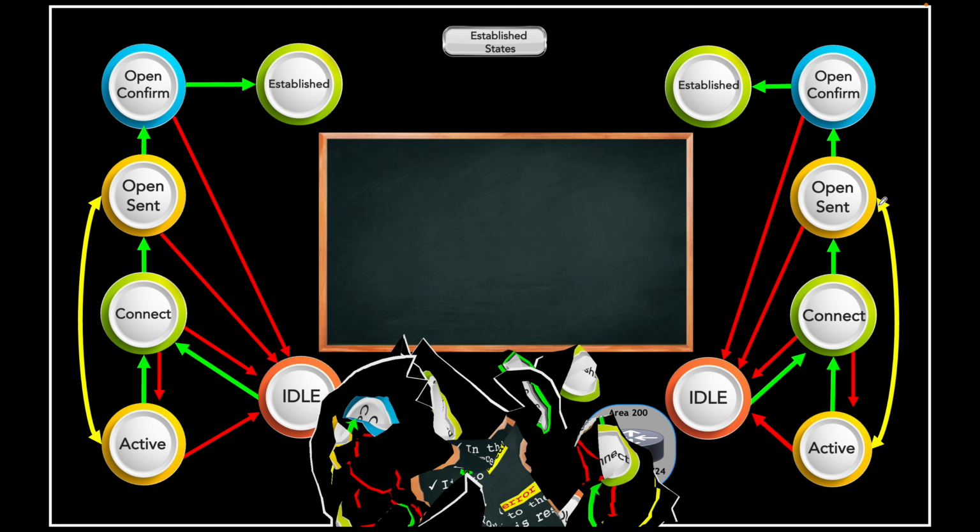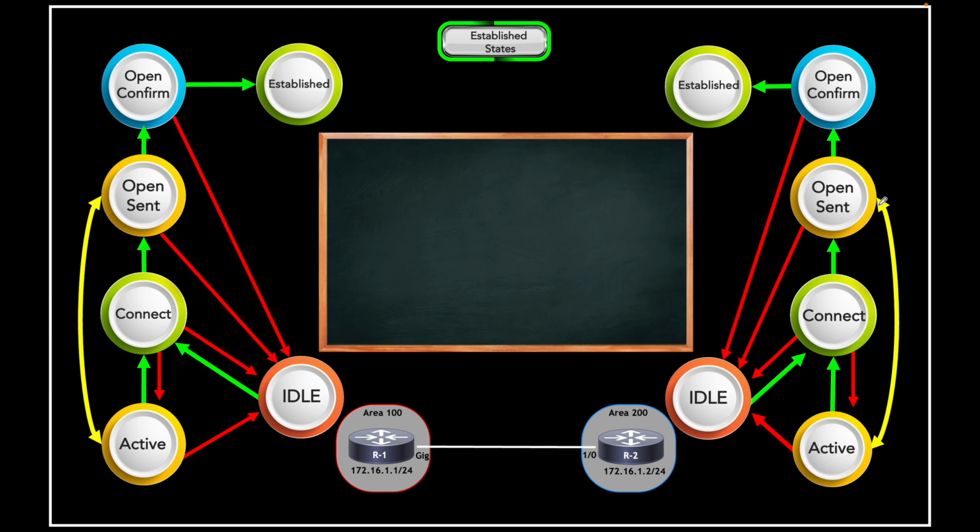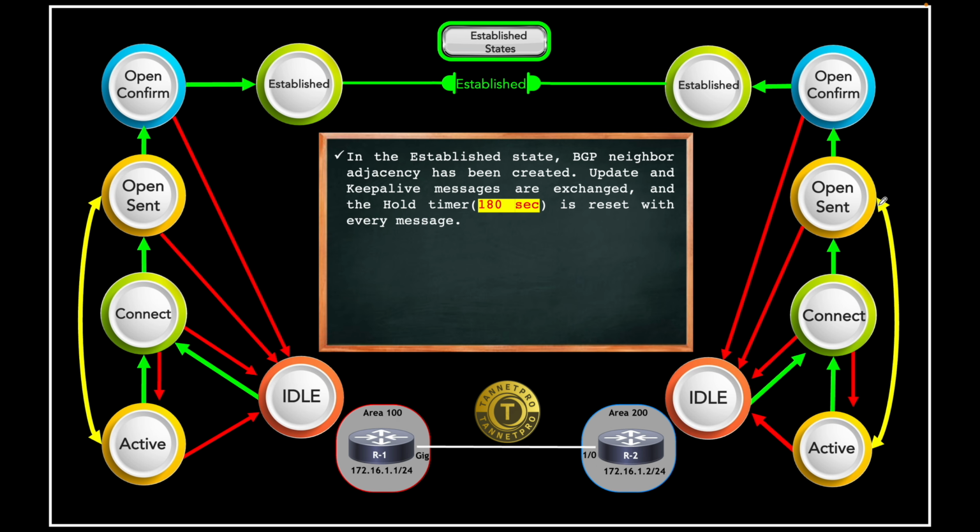Now let's wrap up and understand the established state, and this is the final state. In this established state, BGP is fully up. Update messages get exchanged, keepalive messages are exchanged, and the hold timer also resets after each message exchange. This is the state where update messages get exchanged.